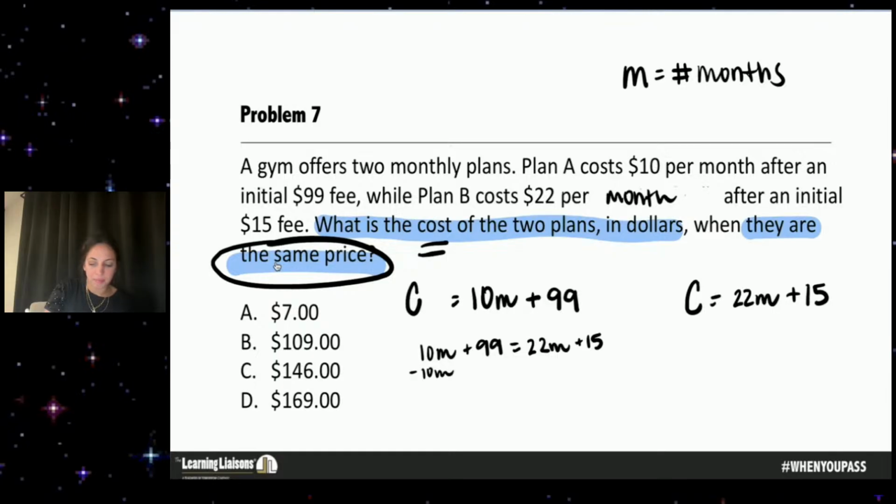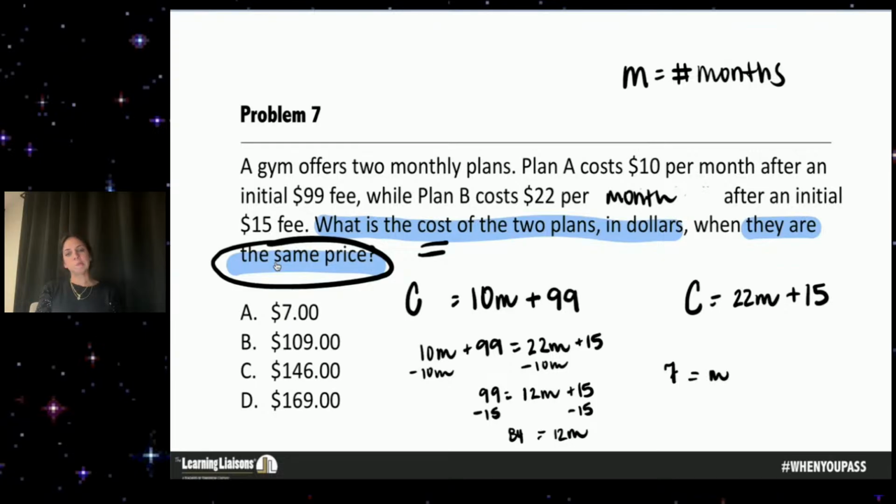Minus 10M. When I subtract 10M from one side, I subtract it from the other side because that's where they're equal. 22 minus 10 is 12. Subtract 15 from both sides. 84. So 12M equals 84. Now divide both sides by 12. So M equals 7. Is that my answer?